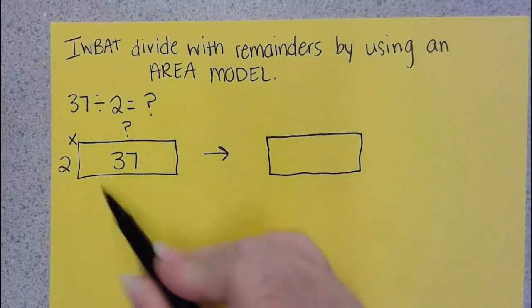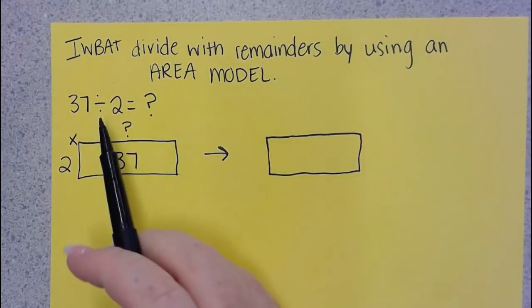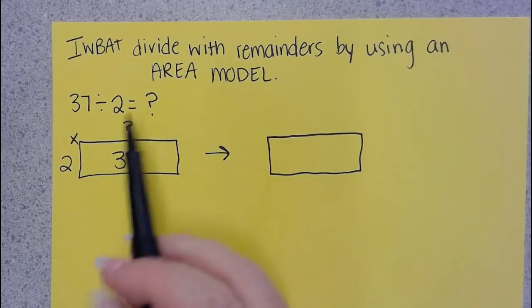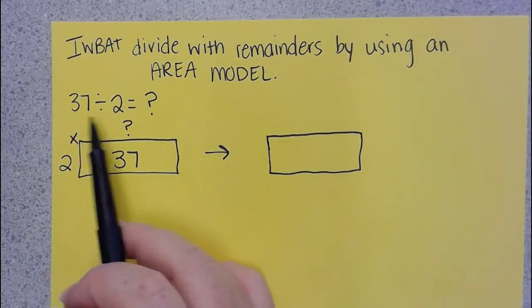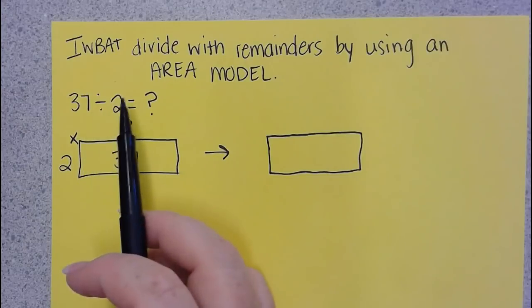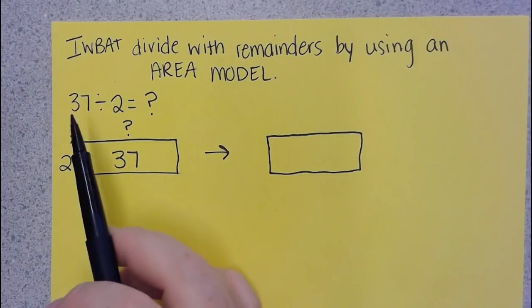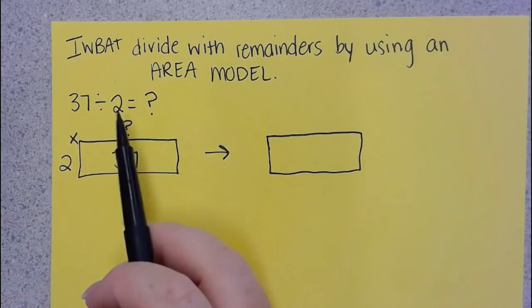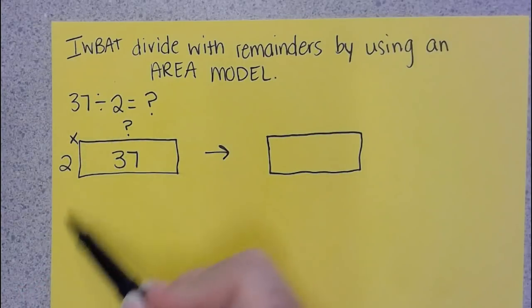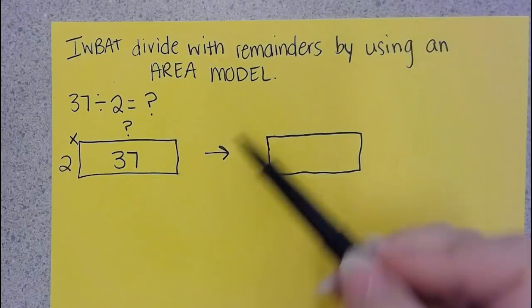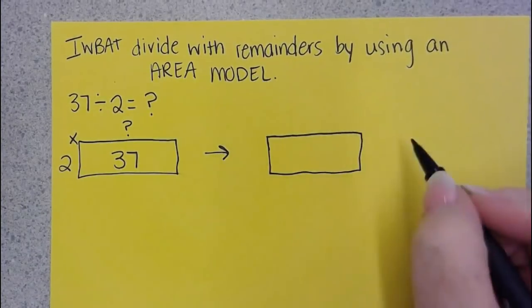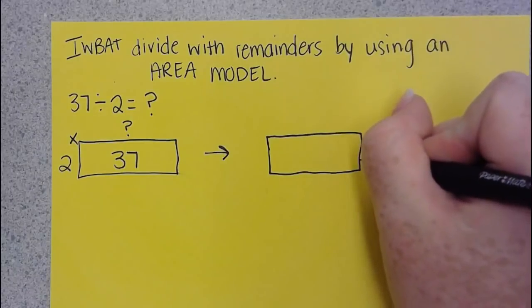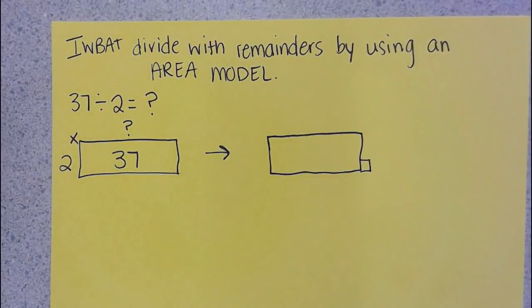With 37, I'm not going to be able to divide 37 equally by 2 because I have to use my number sense, and I have to think, 37 is an odd number and 2 is an even number. I'm not going to be able to divide equally by an even number if I have that odd number. So I know I'm going to already have a remainder, so I'm going to prepare myself for that by knowing that there's going to be a little piece that goes here. That's going to be my remainder.